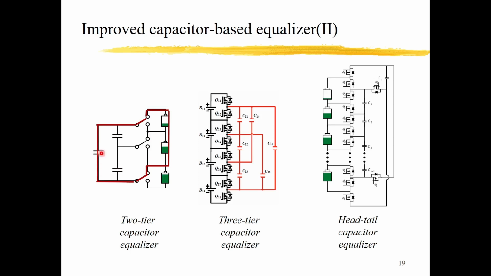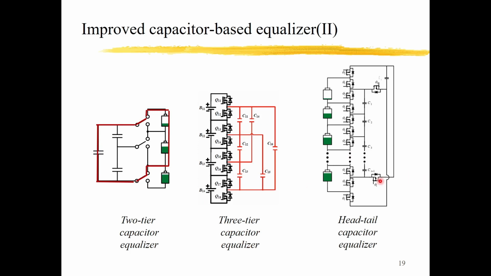So by this second tier capacitor, the energy can directly transfer from this battery to this battery. This is a second tier capacitor equalizer, and by the same method, we can extend to the three tier capacitor equalizer.